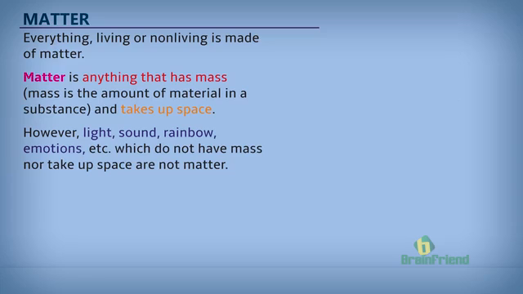Having said that, we want us to know today that both living and non-living things are referred to as matter. Matter is anything that has mass and occupies space. Mass here means the amount of materials found in a substance.